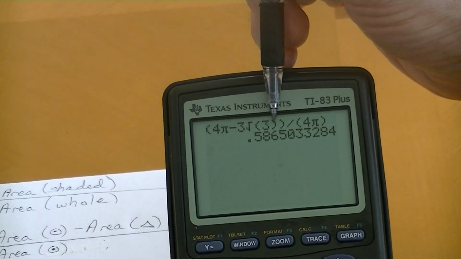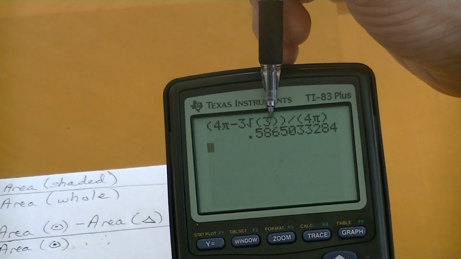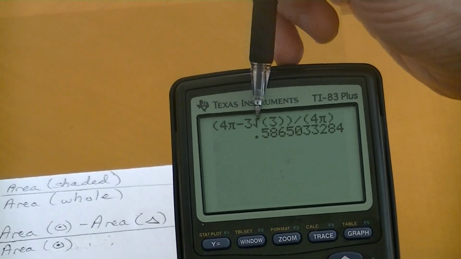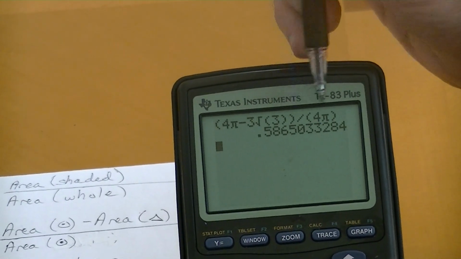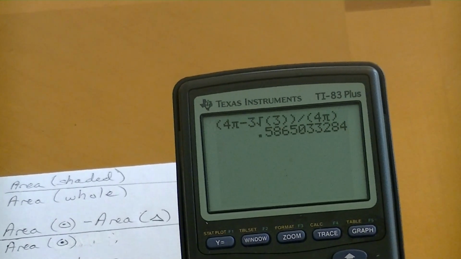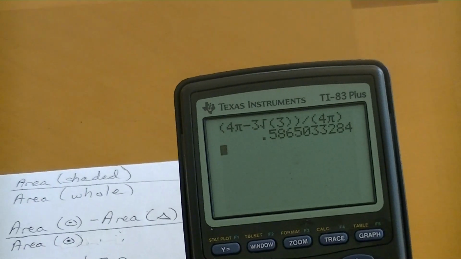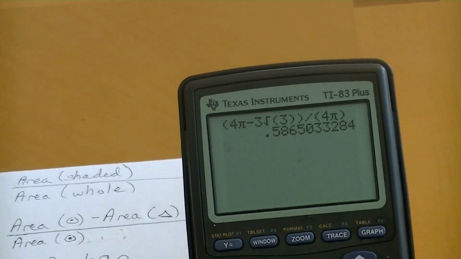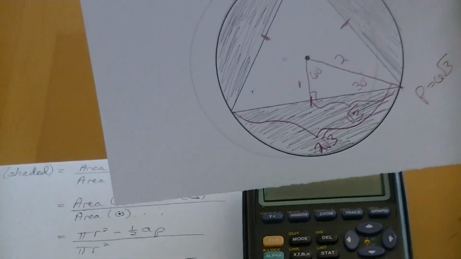This parenthesis and this parenthesis are to represent where the square root value begins and ends. Notice I've got 3 sets of open parentheses and 3 sets of closing parentheses. They should always match. And notice I got an answer between 0 and 1. If I didn't, I'd know I was wrong. So the answer is 0.59. 59% of that circle is shaded.